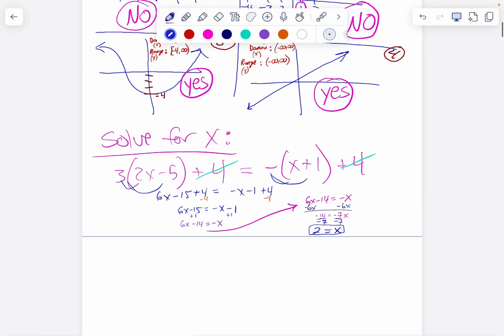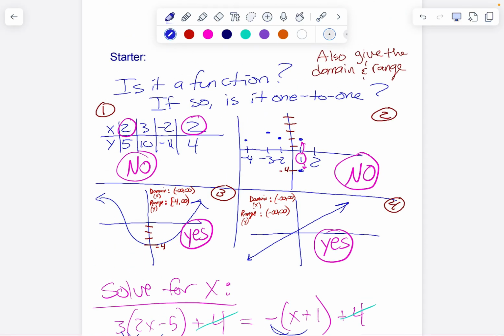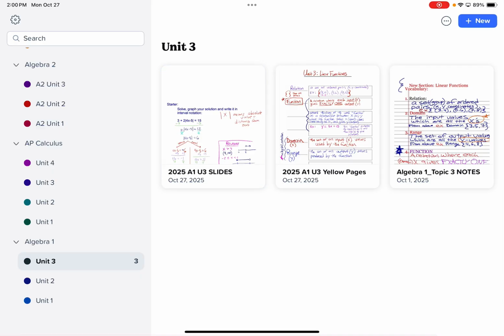Okay. Let's go talk about this idea of one-to-one real quick. It doesn't add much to our check, but then we'll be able to do most of these problems.